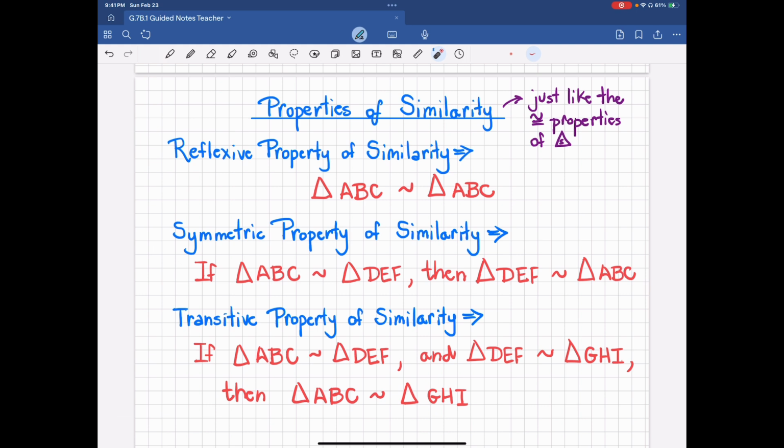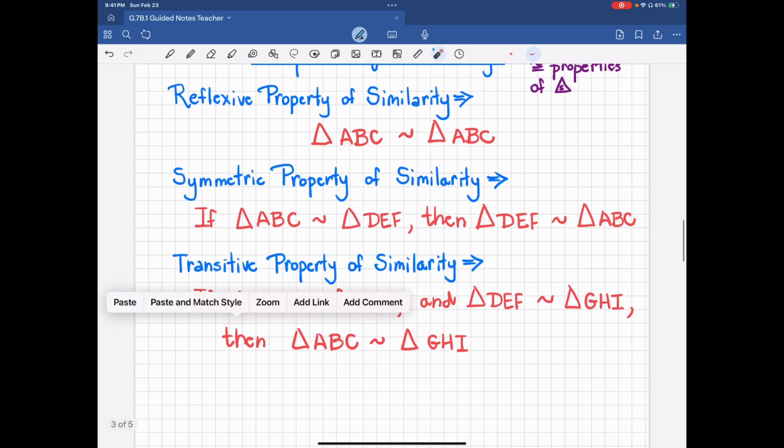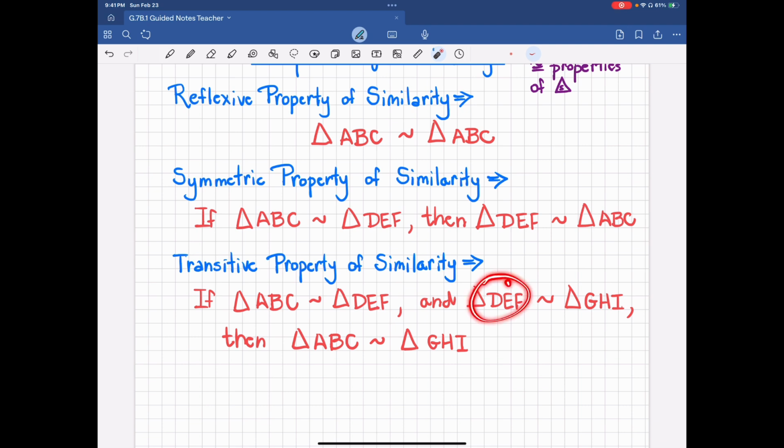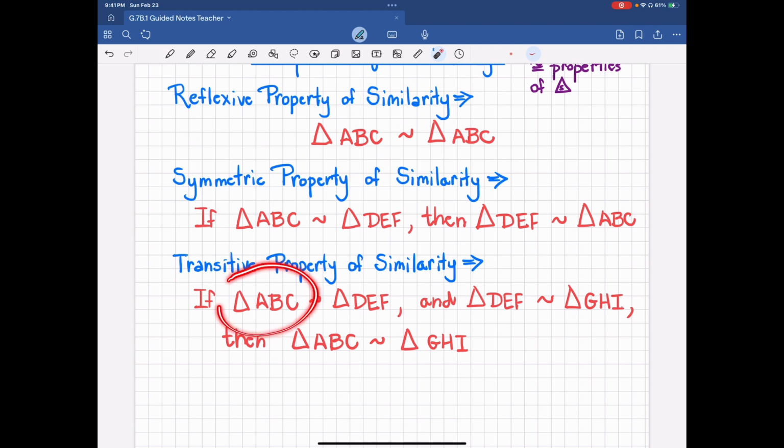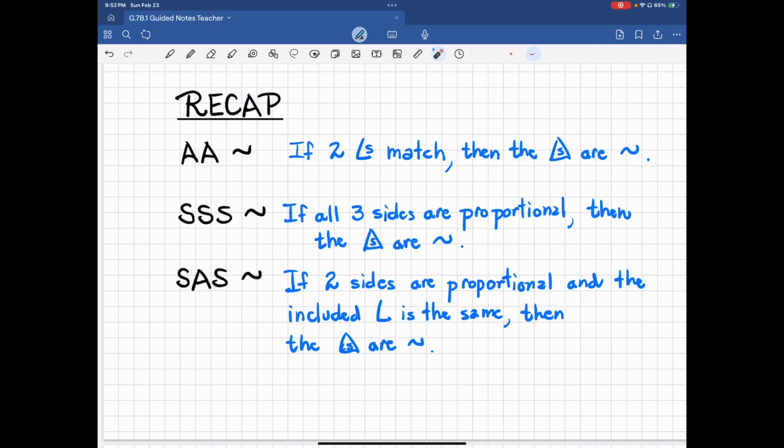It goes, if ABC is similar to DEF, and DEF is similar to GHI, I can cut the DEF out and go straight from ABC to GHI. So the conclusion right here: triangle ABC is similar to triangle GHI.